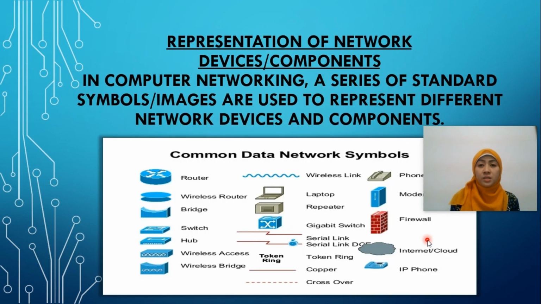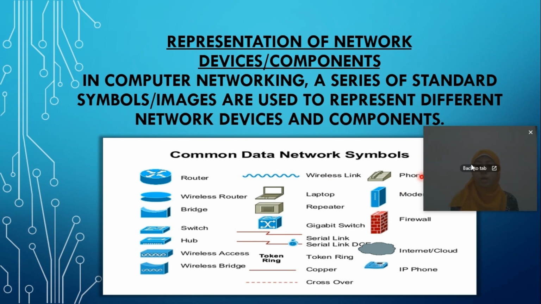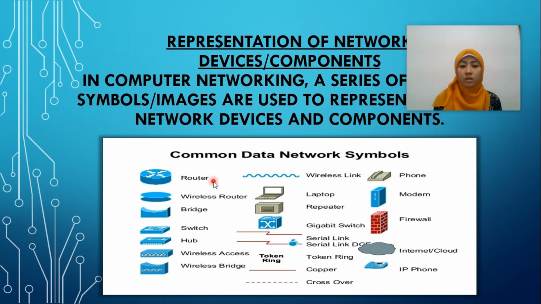Representation of network device components. In computer networking, a series of standard symbols or images are used to represent different network devices and components. As you can see below are the common data network symbols.